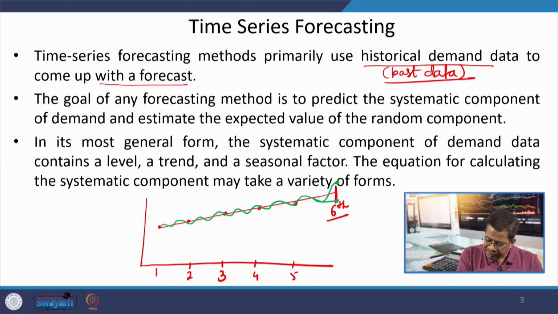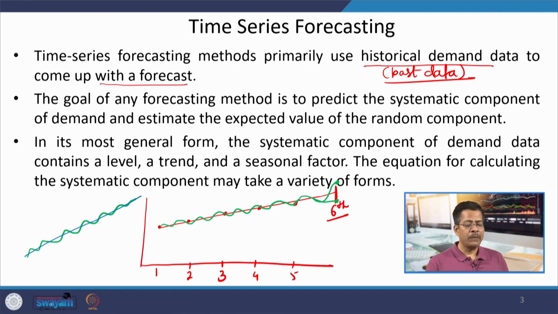Out of this past data which is moving like this, you can make a straight line which best represents this zigzag movement, and let us say that best line is this line, which best represents this zigzag movement of the data.